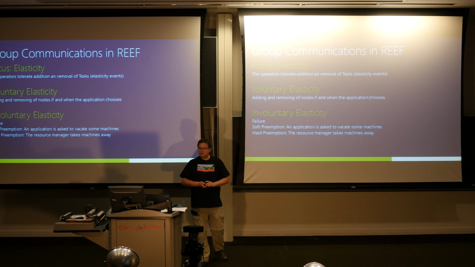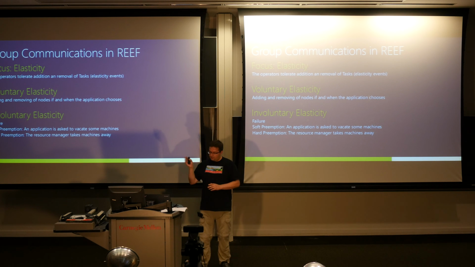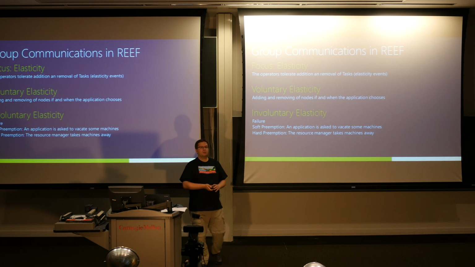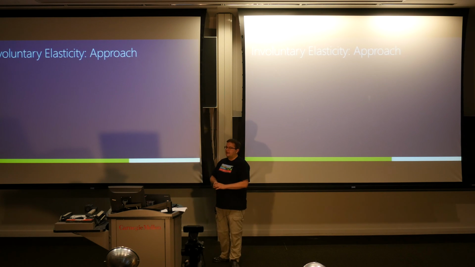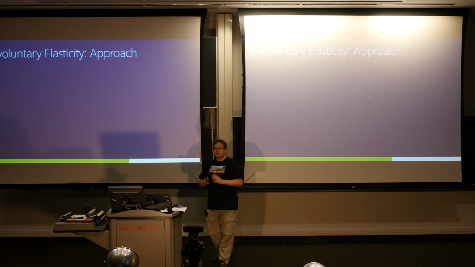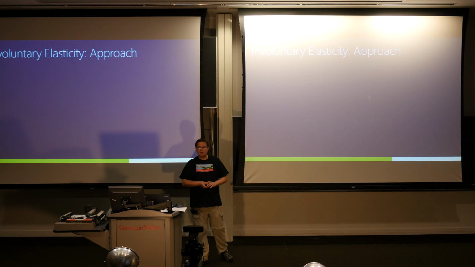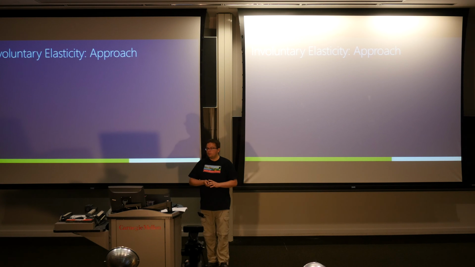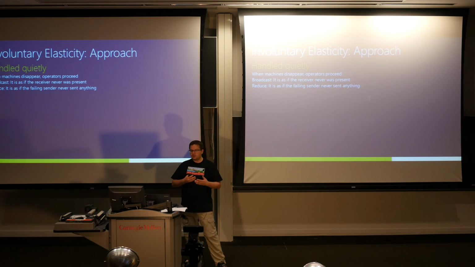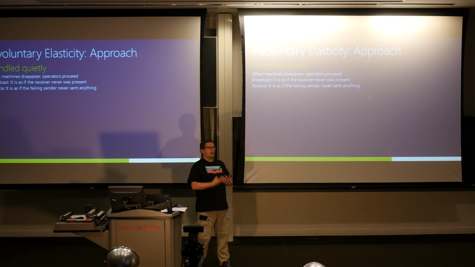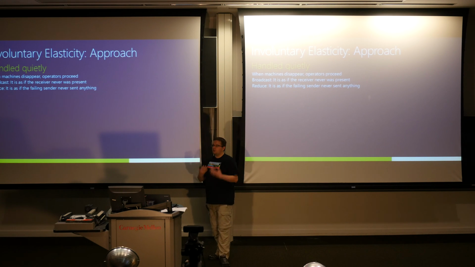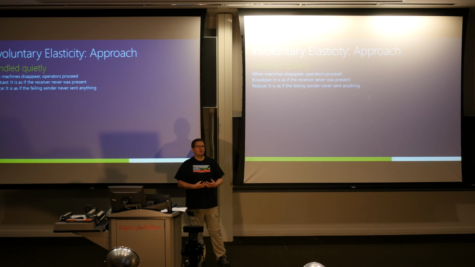Okay. So I'm going to focus in the remainder of this lecture on involuntary elasticity, because the voluntary one is kind of straightforward, at least in what you need to do. There are very interesting questions in what you could do. So let's talk about involuntary elasticity. In Reef, we take the approach that we handle all these events quietly, in the sense that if a machine disappears while you compute, the operator that's currently running will just happily continue.